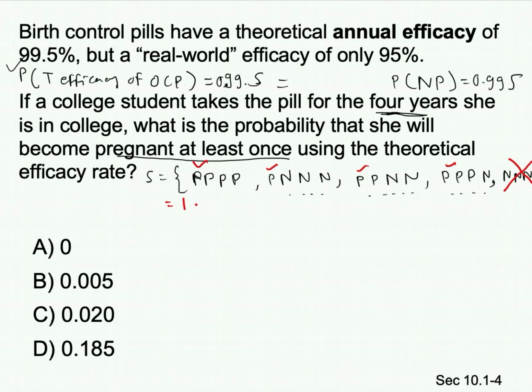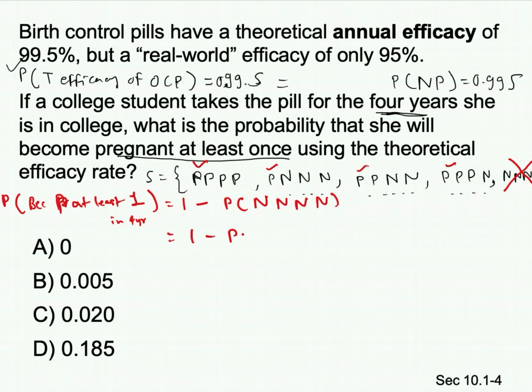So we subtract from 1 the probability of not getting pregnant in all these years. That will be your probability of becoming pregnant at least once in 4 years, right?